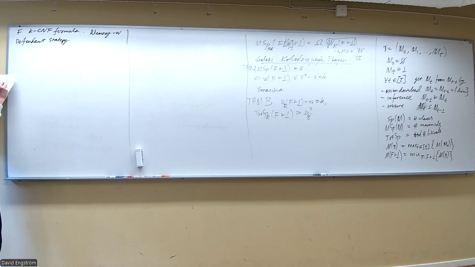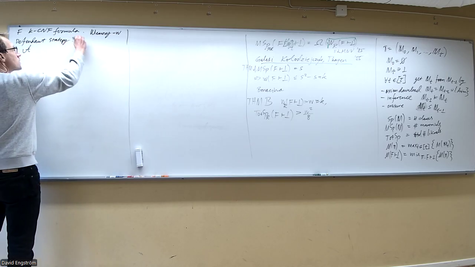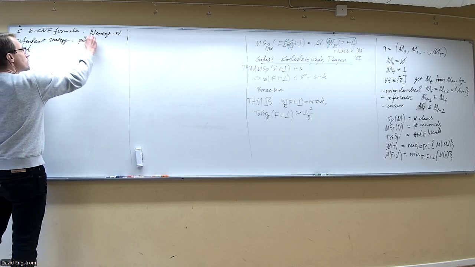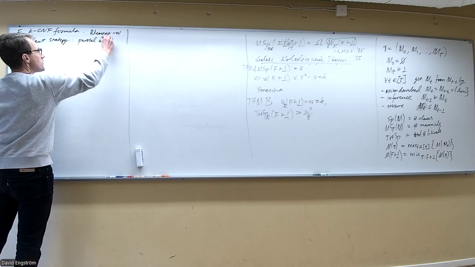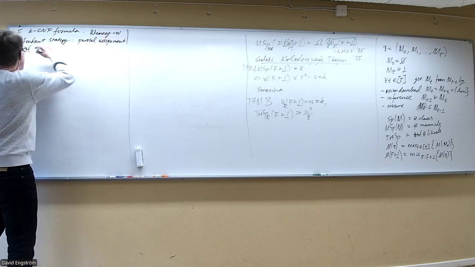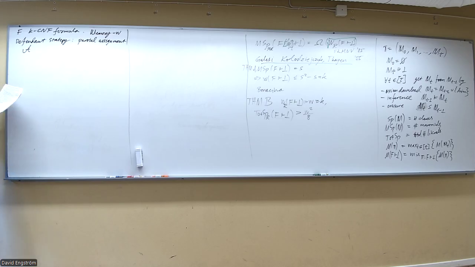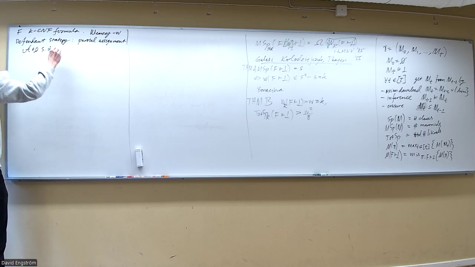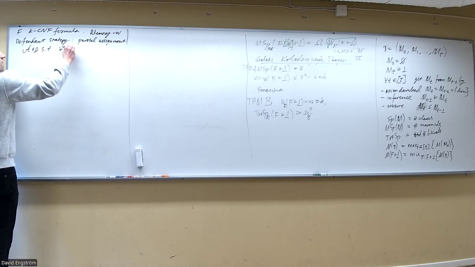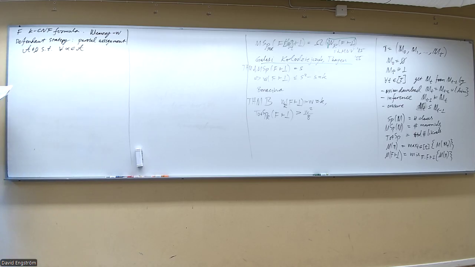is a non-empty family of partial truth value assignments, which I'll write calligraphic A, and it's non-empty, such that for every alpha in curly A, the following thing holds.